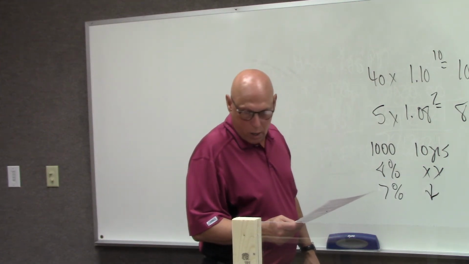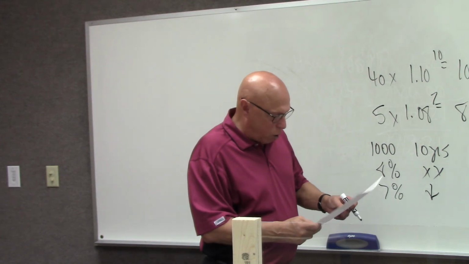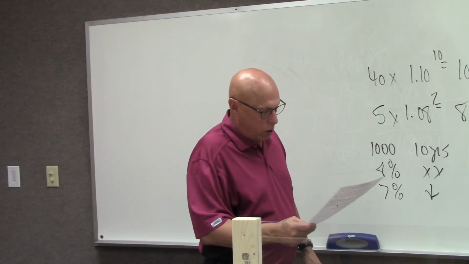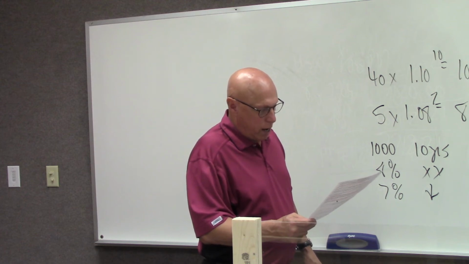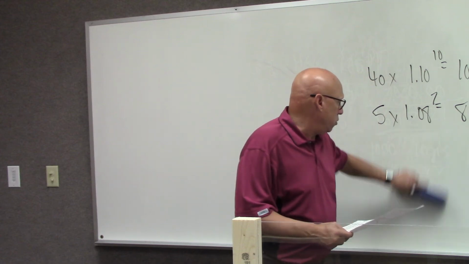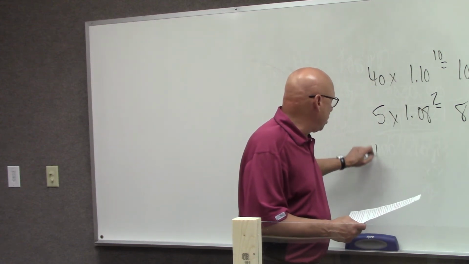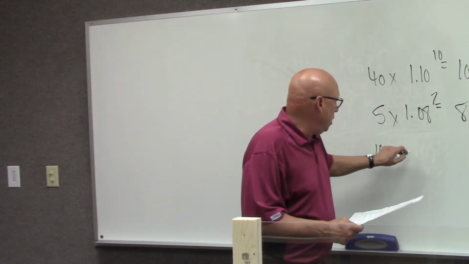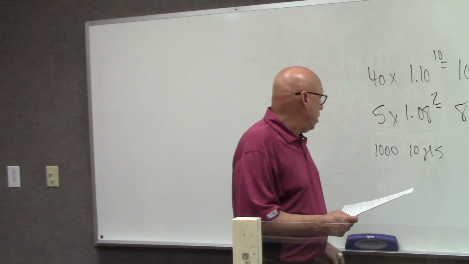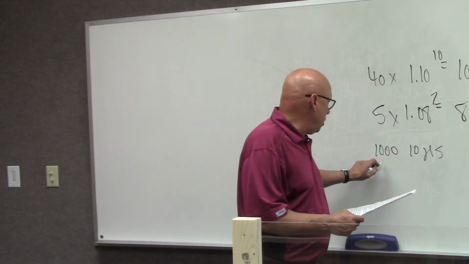Okay? If interest rates go up, what can happen to the beginning amount if you have a target ending amount and the time frame of the investment stays the same? So let's say that you want to have $1,000 in 10 years. Let's say that you can earn 8%.